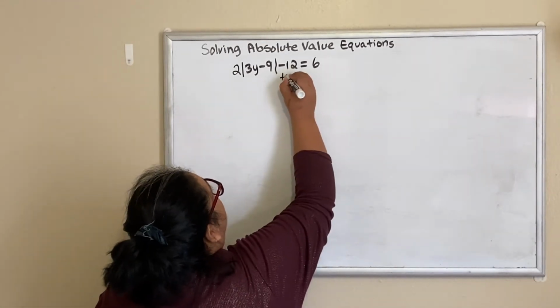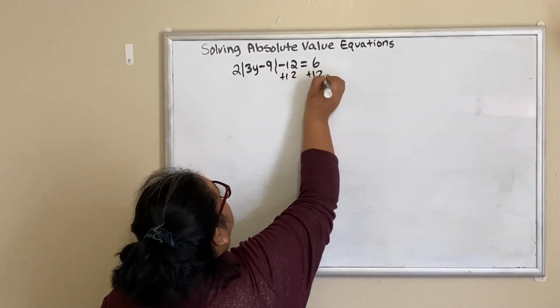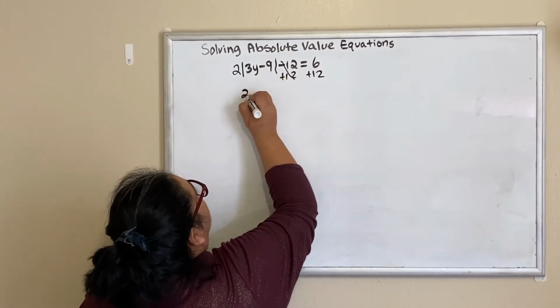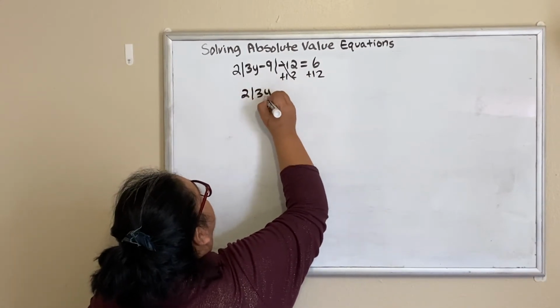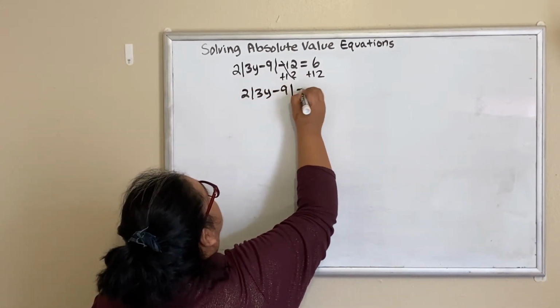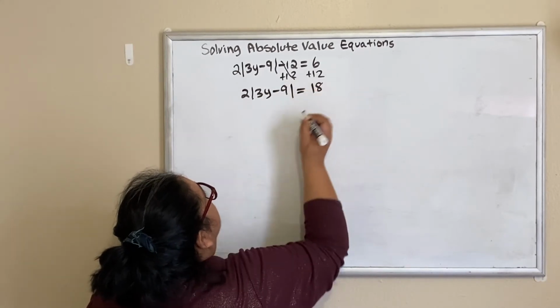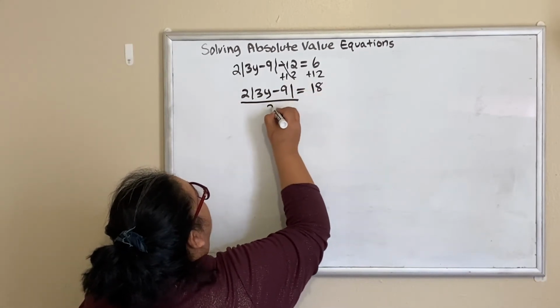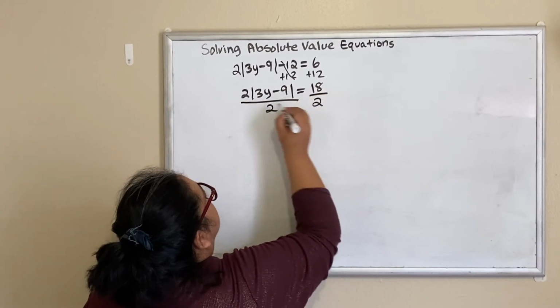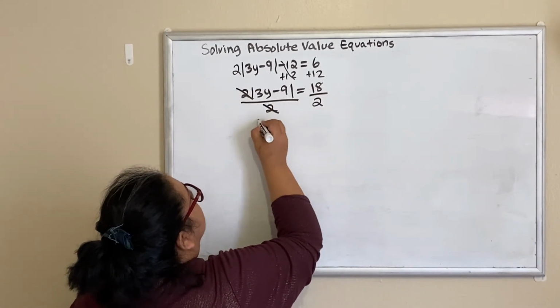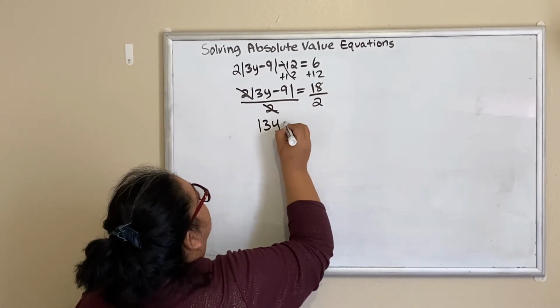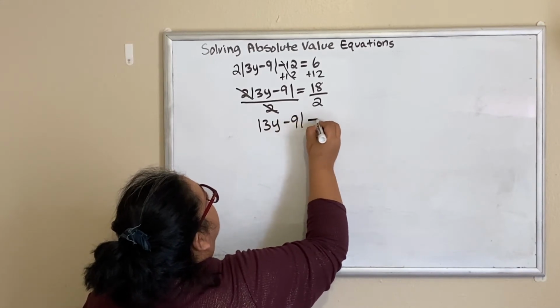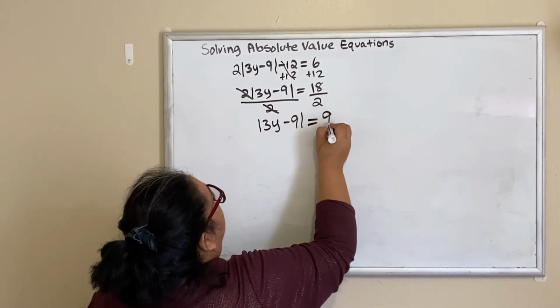So first we're going to add 12 to both sides, eliminating the 12, and we get 2 absolute value of 3y minus 9 equals 18. And now we're going to divide by 2 on both sides, reducing the 2, and we get the absolute value of 3y minus 9 equals 9.